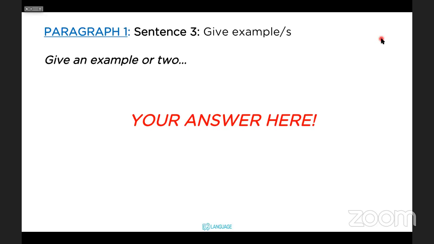Good. Ruchi says, for example, when I went to Paris to study, the way of study was complete practical basis, which helped me a lot to learn there. I'm going to reword that, Ruchi. For example, when I studied in Paris, the way that the French studied was a lot more practical, and this helped me learn a lot.